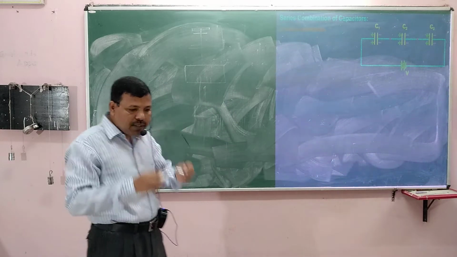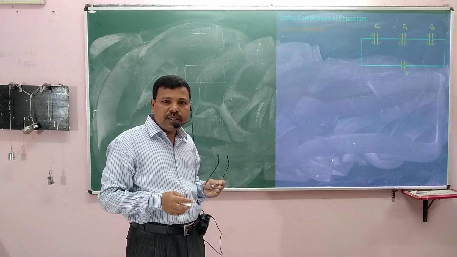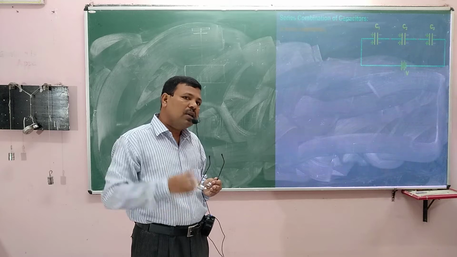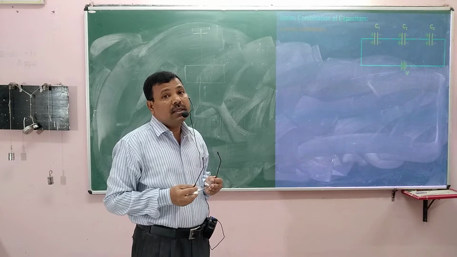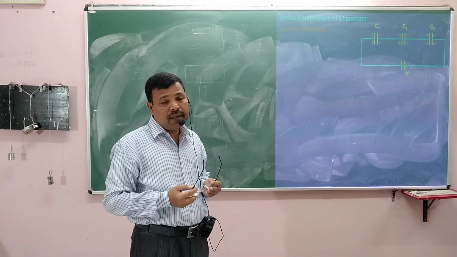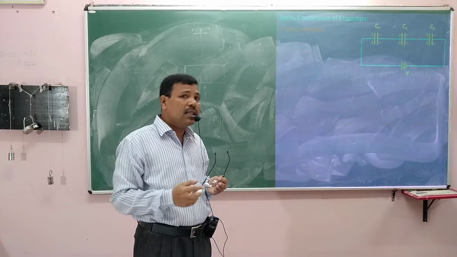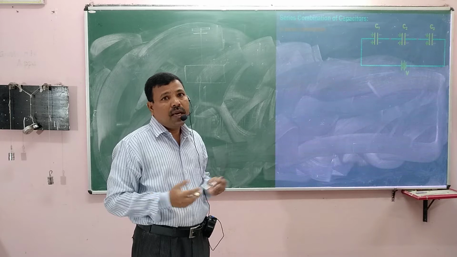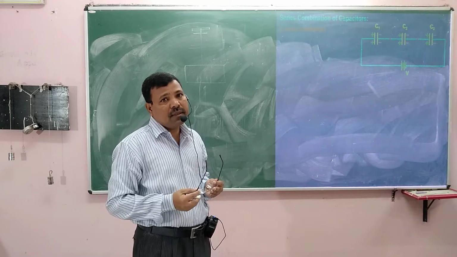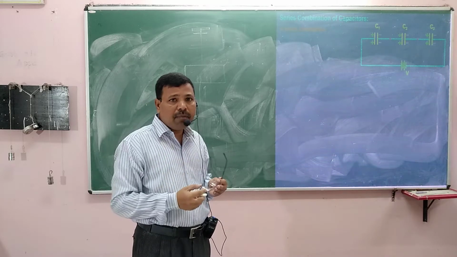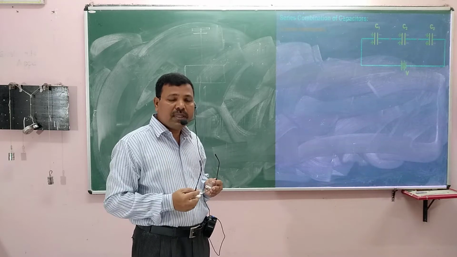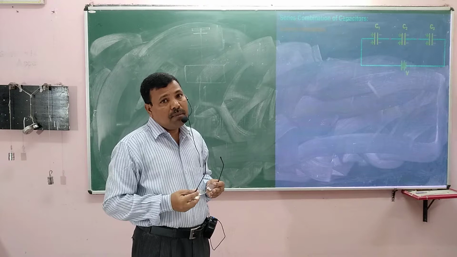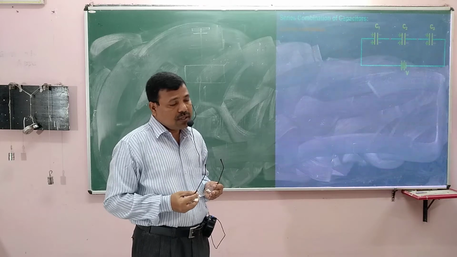When capacitors are connected in series, potential difference across each capacitor is different, whereas the charge acquired by each capacitor is same. As per the principle of capacitor, the charge acquired by each capacitor will be same when 3 or more than 3 capacitors are connected in series.